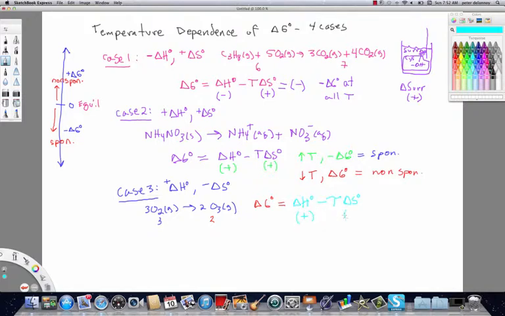And then over here, the delta S is negative. So check out the consequences of this. Remember that we have a subtraction sign here, which is the same thing as saying that delta H naught plus a -1 times what the value is for the delta S naught, which happens to be negative.